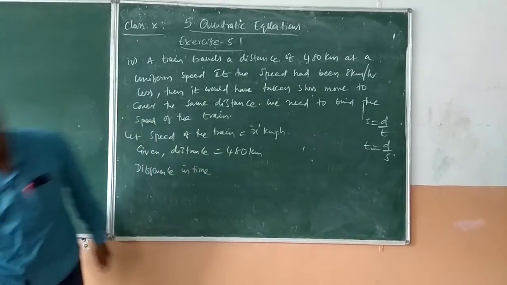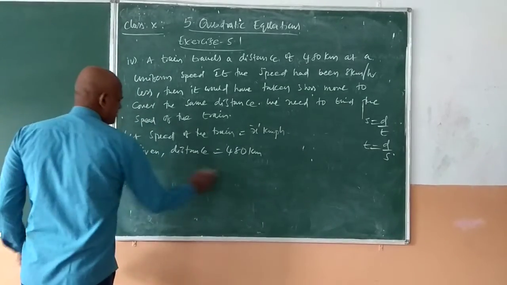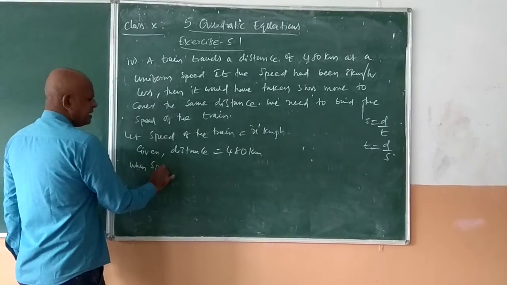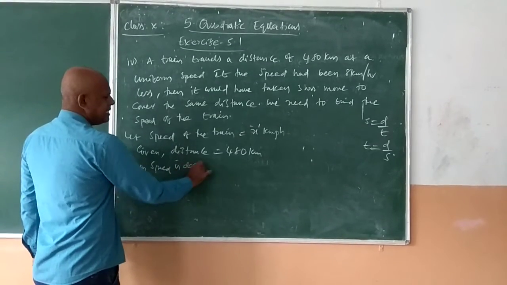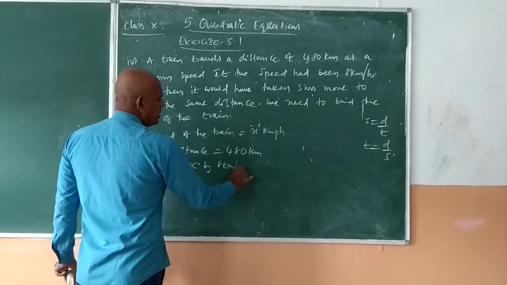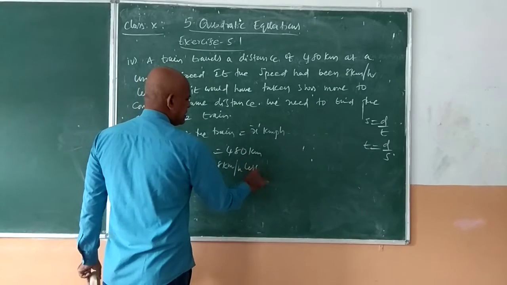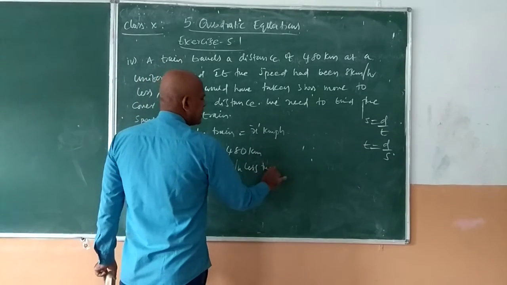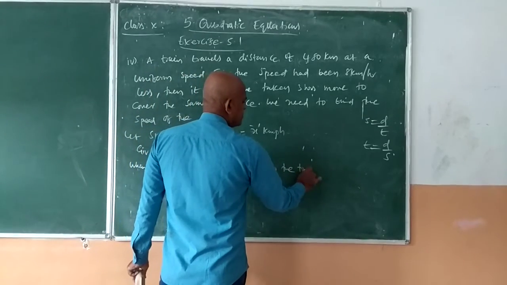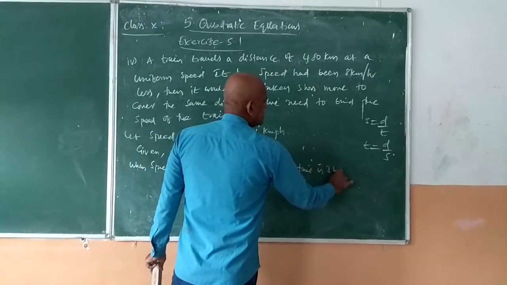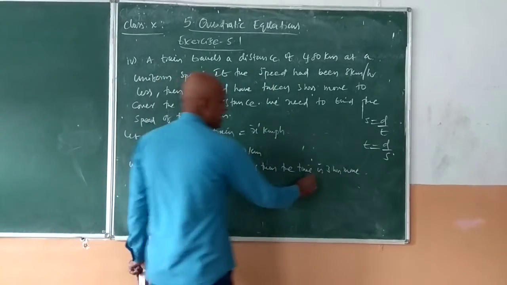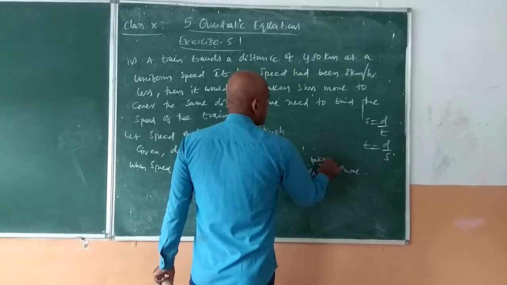Speed again they have given. When the speed is decreased by 8 kilometers per hour, then the time taken is 3 hours more.